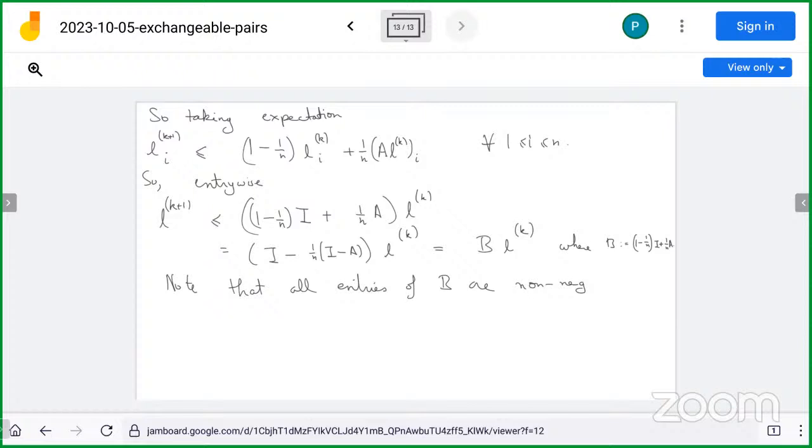Actually, as you say, it is just enough. Yeah. So B's entries are non-negative because this means that all of these guys are non-negative.